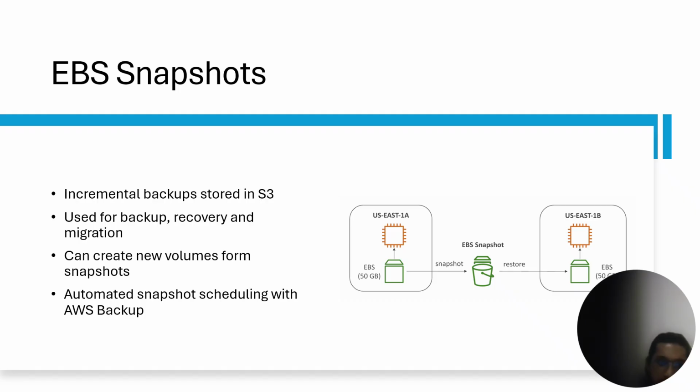You can restore data, migrate between regions, or even create a new volume from your snapshot. AWS Backup also lets you automate the snapshot process for regular protection.